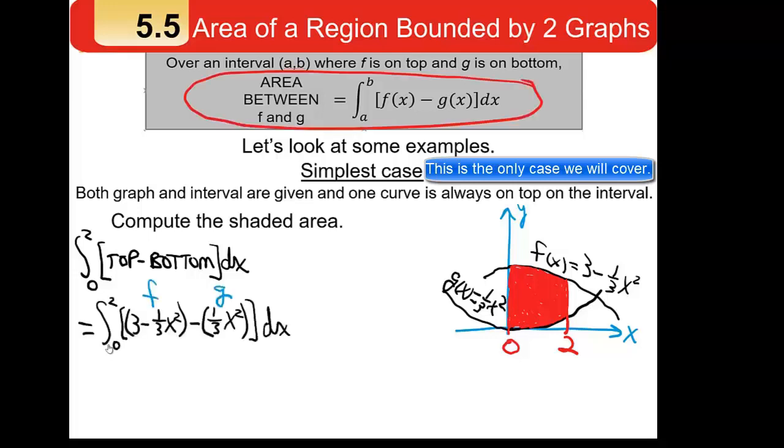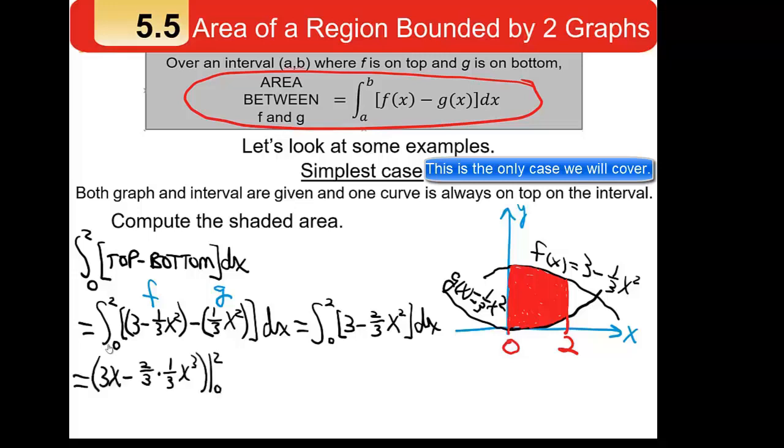Using the formula, f is 3 minus 1/3 x squared minus g, which is 1/3 x squared. And so you've got a minus 1/3 x squared minus another 1/3 x squared, so you end up in the integrand with 3 minus 2/3 x squared. We have to integrate term by term. We know that the integral of 3 is 3x.